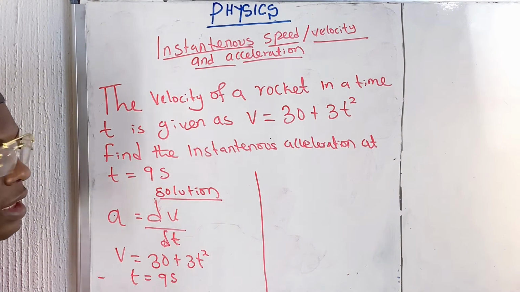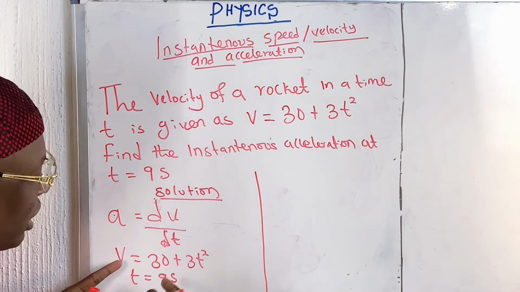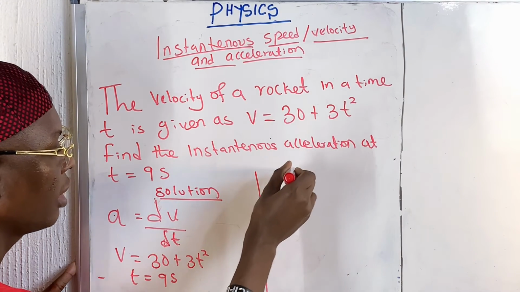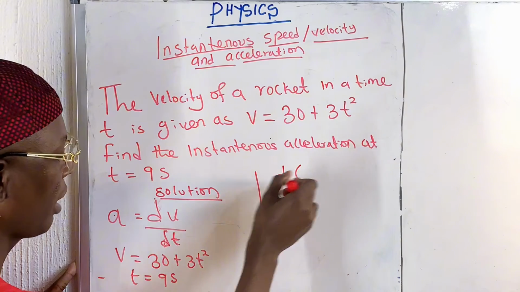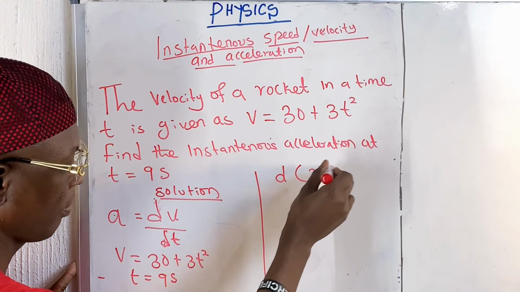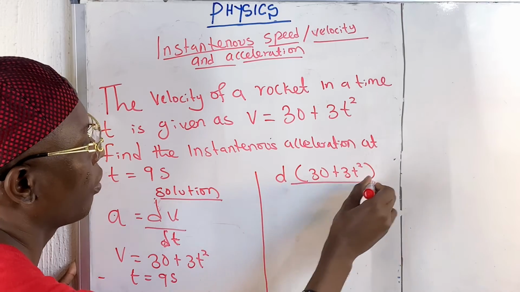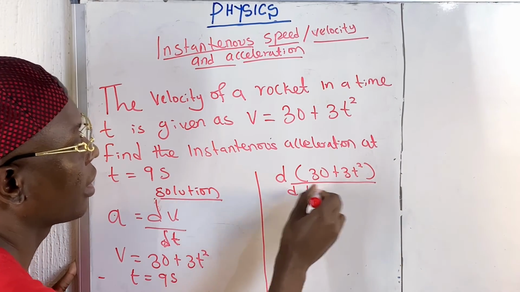So we need to differentiate this with respect to t. So this becomes d of (30 plus 3t squared) over dt.